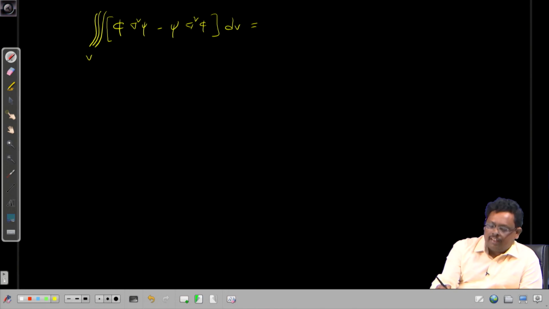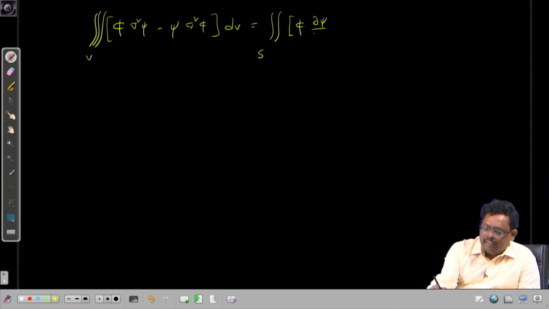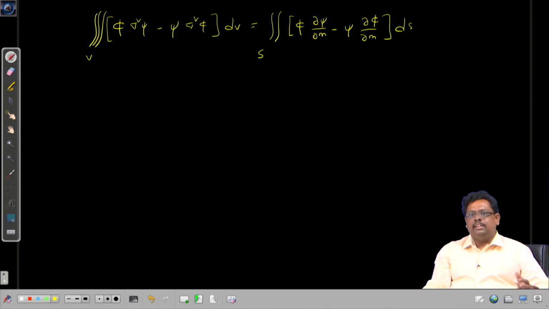Now, it becomes a surface integral, as you know, the integral over S of phi into del psi del n minus psi into del phi del n into dS. So, this is my result.